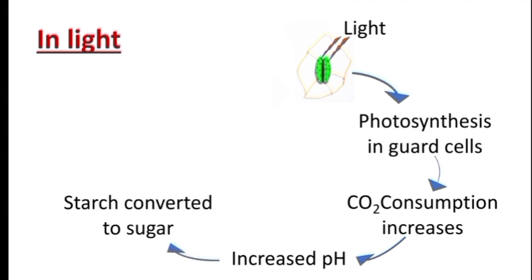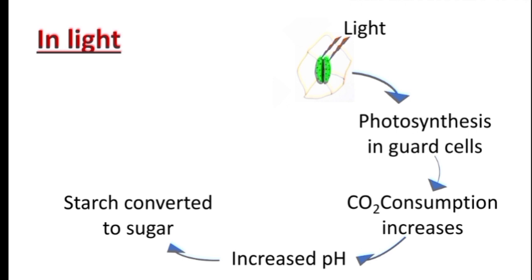As the pH increases, the enzyme phosphorylase that is responsible for the conversion of starch into sugars activates, because the activity of phosphorylase is highly dependent on the pH of the medium.